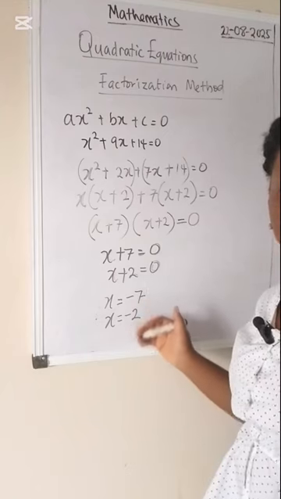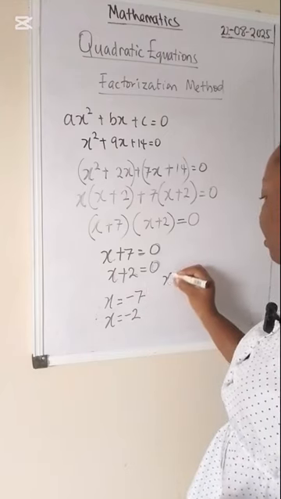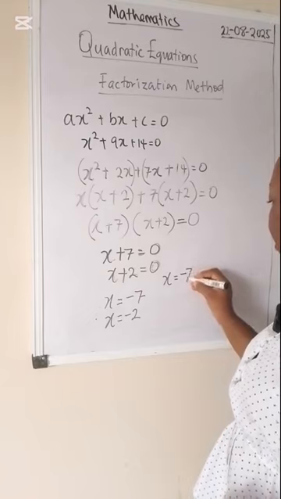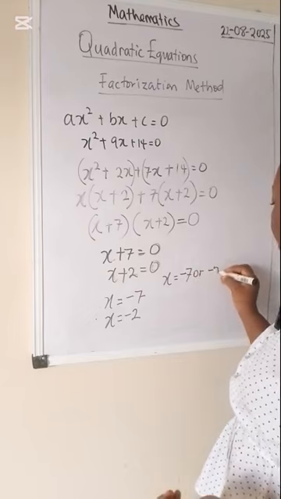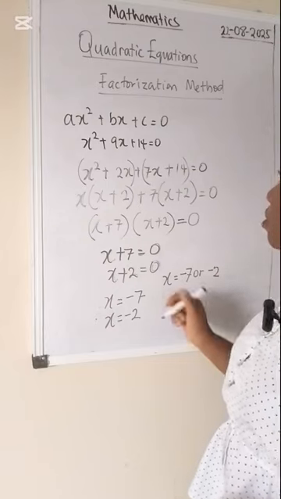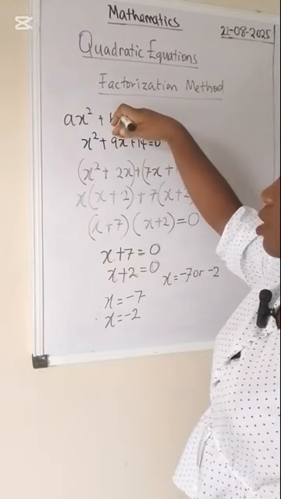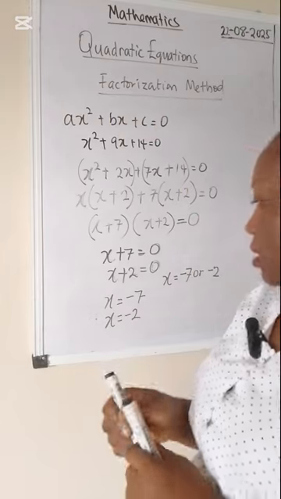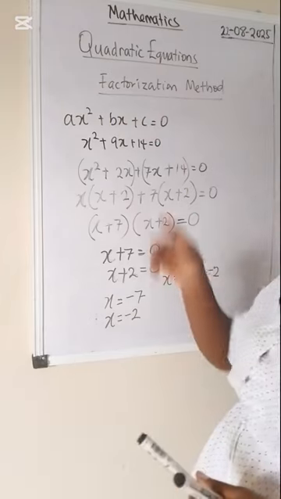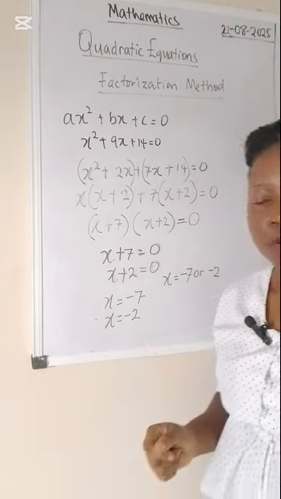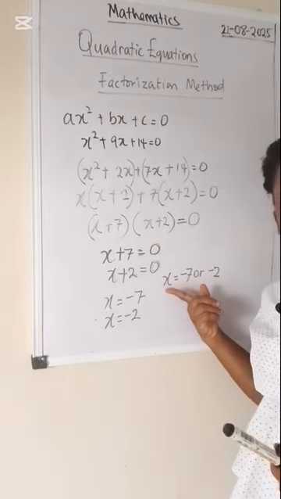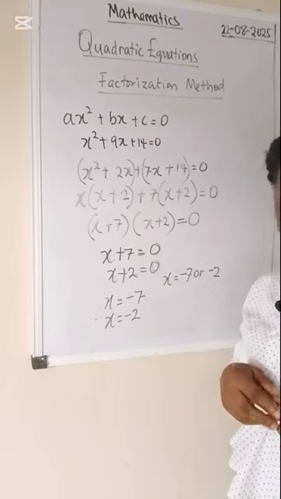So these are the roots of the equation. So x is equal to minus 7 or minus 2. These are the two values you're going to fix into this equation and you get 0. So these are the roots of your quadratic equation. I hope that is clear.